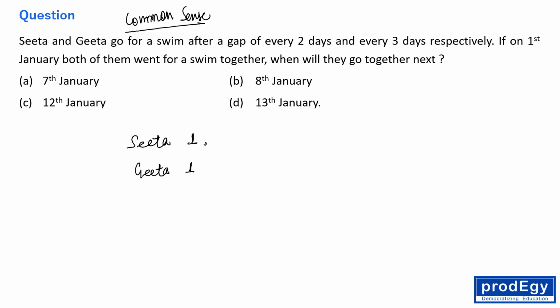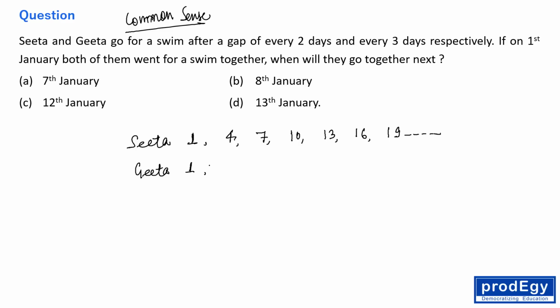Okay. So Sita is going on the first, then first, second, third, fourth, then fifth, sixth, then seventh, 8th, 9th, 10th, then 11, 12, 13, then 14, 15, 16, 17, 18, 19, and so on, right? Okay.